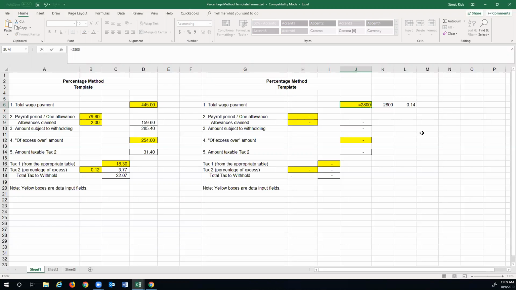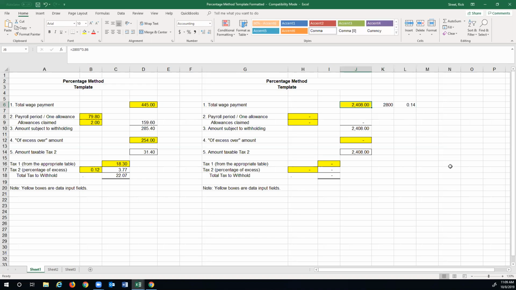So I'm going to multiply this by 86%, meaning that 86% is taxable. 2408 is taxable for federal income tax. So that's the $2,800, and if you figured out the 14% and subtracted that from that, it would be 2408.